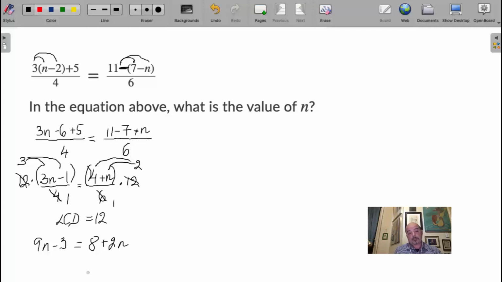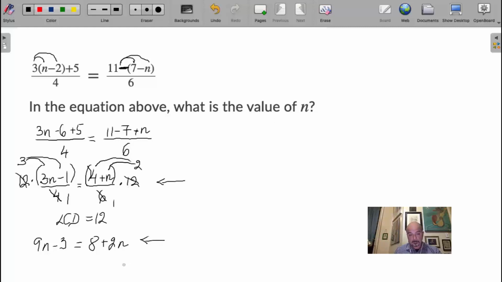And pause here to reflect on the fact that this is the effect of multiplying by the least common denominator. As you can see here, we had an equation with denominators which looked fairly complicated. But as soon as you multiplied by the least common denominator, you obtain a fairly simple linear equation. No more denominators here.